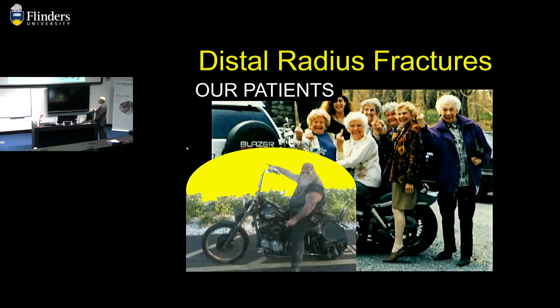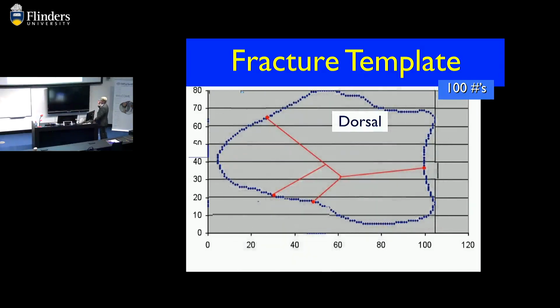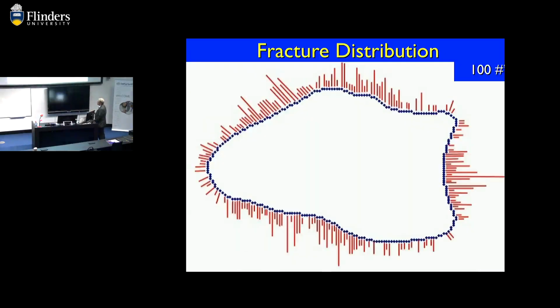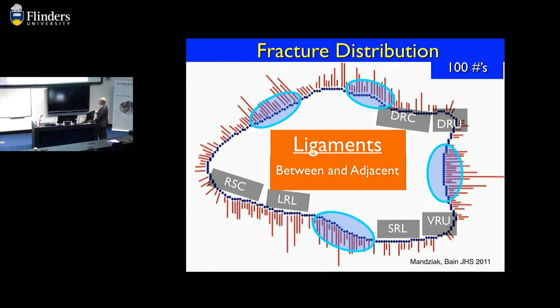So in our practice, and I think probably in your practice, these are our patients, the older ladies and the more aggressive males that have high energy injuries. And if we have a look at 100 fractures which we put on a template with CT scans, we identify the sites of where the fractures occurred, and we identified these vulnerable areas, and we tried to work out what was really going on.